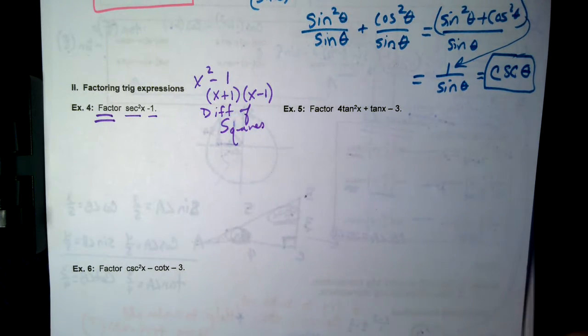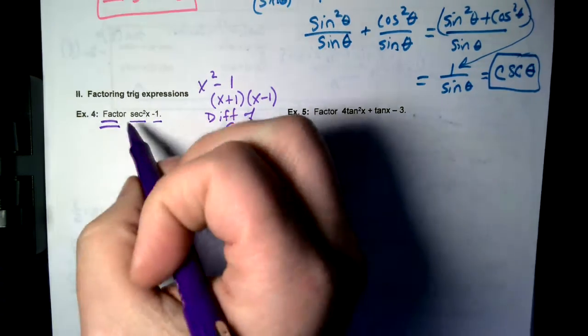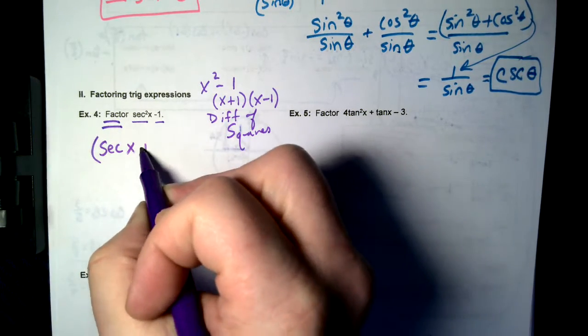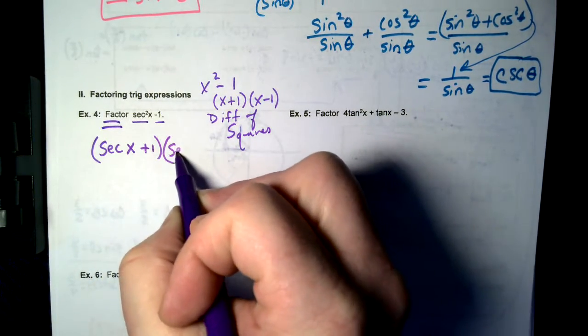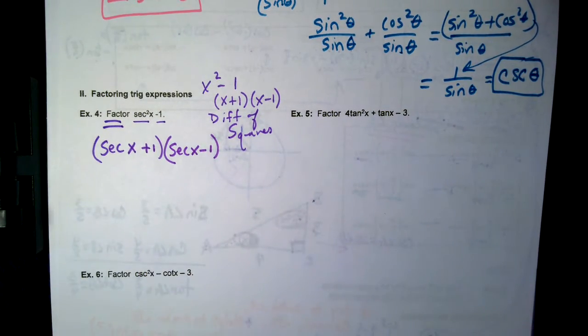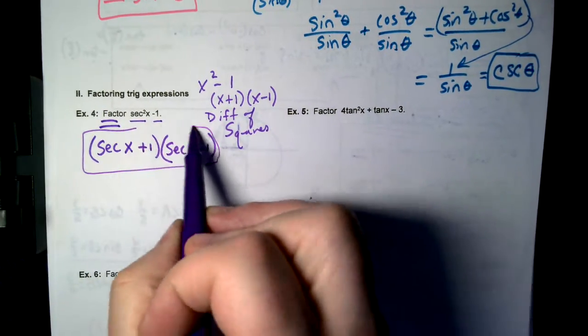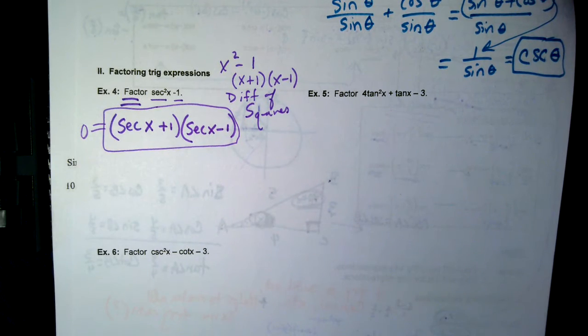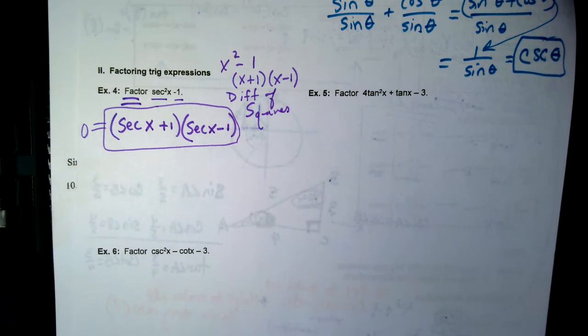So don't replace it with tangent squared. They want us to factor this: secant x plus 1, secant x minus 1. Now it's factored. And that's all I want you to do. But picture it could be set equal to 0, set them both equal to 0 and solve. That's what we're going to do late in the chapter, not this section.